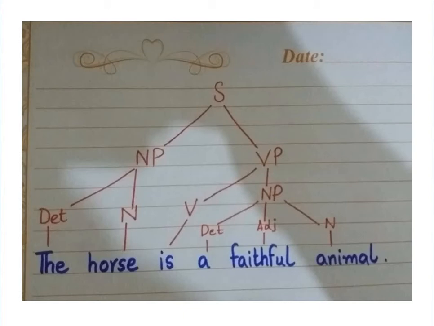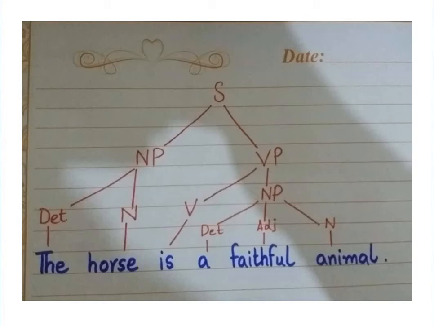So you see how words combine if we look from the bottom-up situation. By bottom we mean the grammatical category of the words: the determiner, noun, verb, then again the determiner, adjective and noun make noun phrases and verb phrases, and how the noun phrase and verb phrase combine to form a sentence.